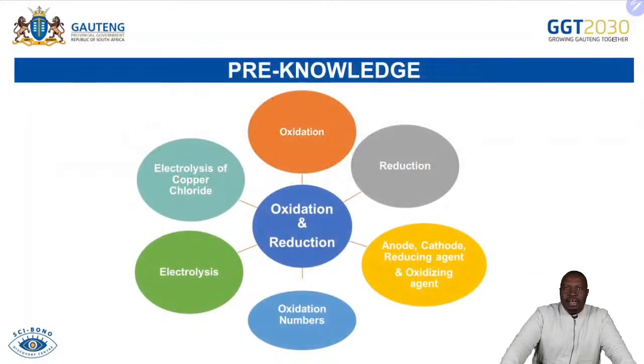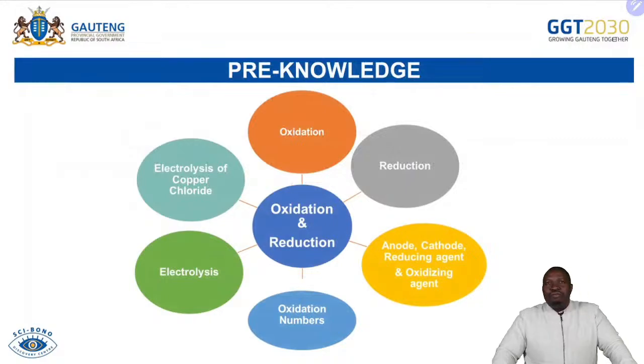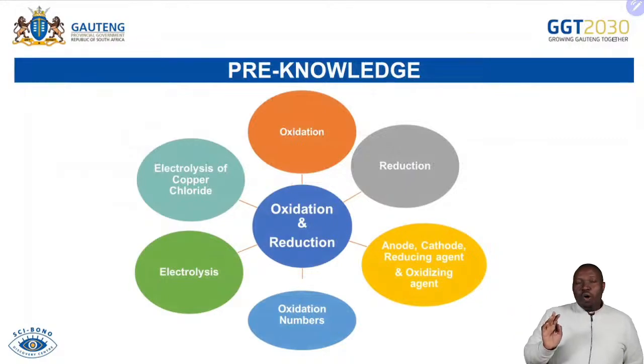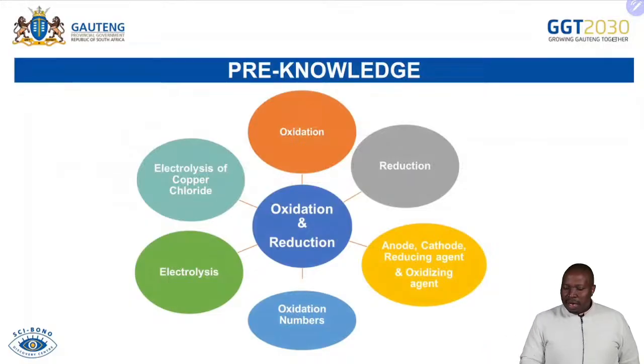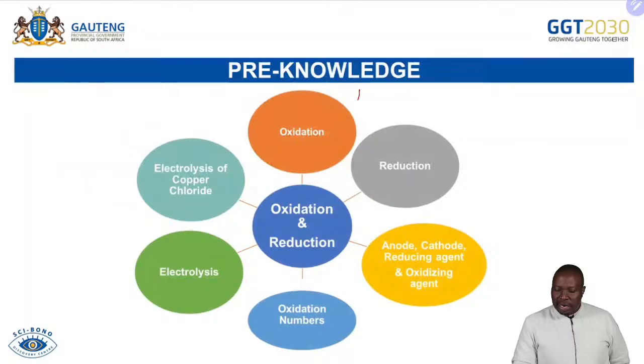Now let's look at your grade 11. In grade 11, you have done your oxidation, reduction, your anode, all those. Remember OIL RIG: oxidation is loss of electrons, or I said LEO, loss of electrons is oxidation. Gaining of electrons is reduction. So these are your definitions.